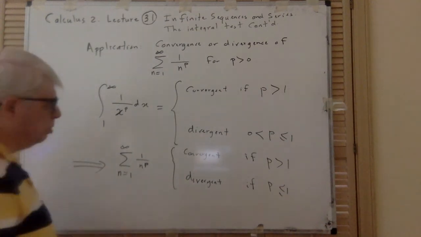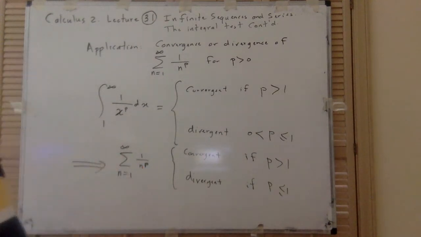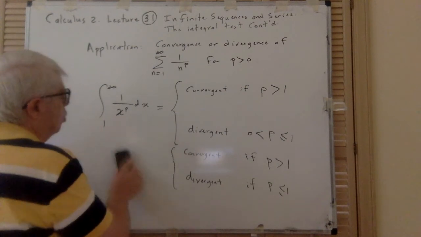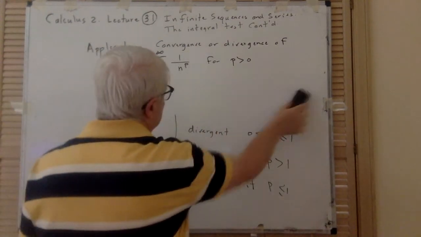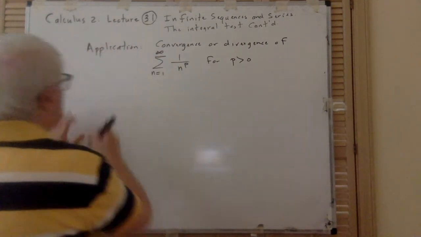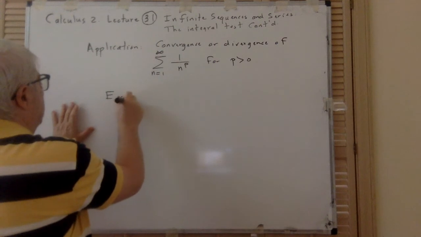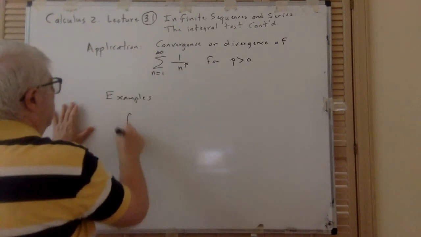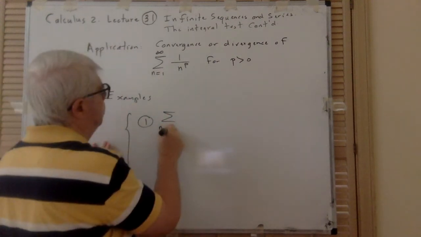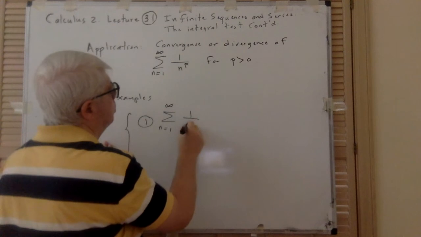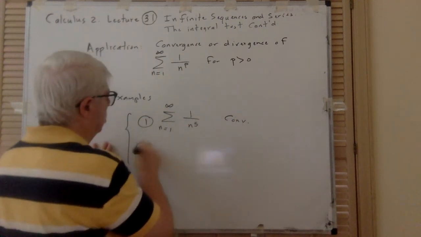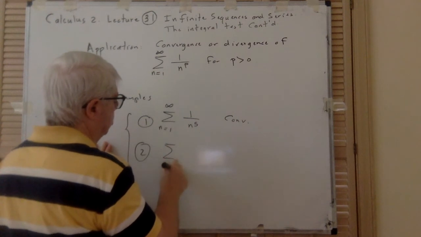Examples that I discussed: I started with one of these series, 1 over n squared, which is convergent.